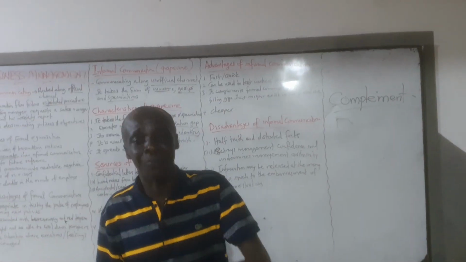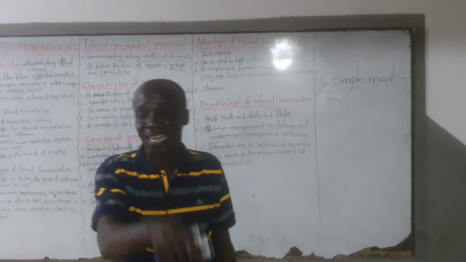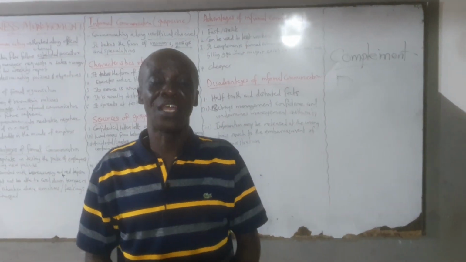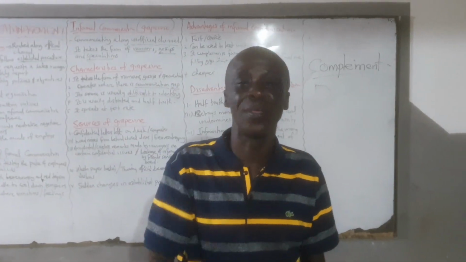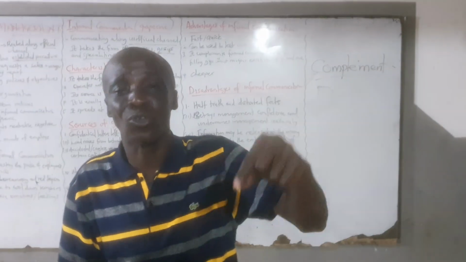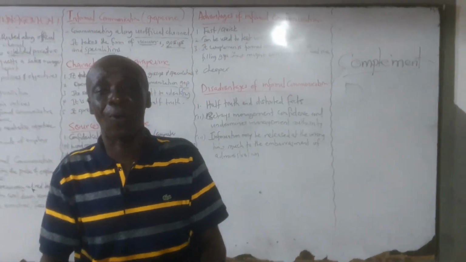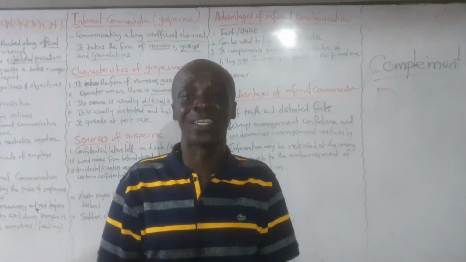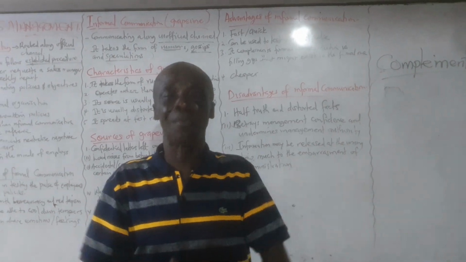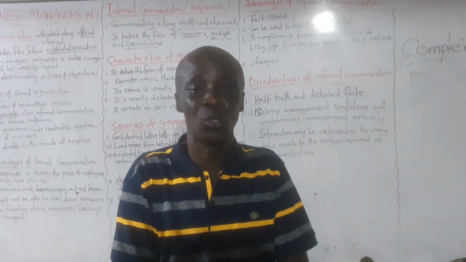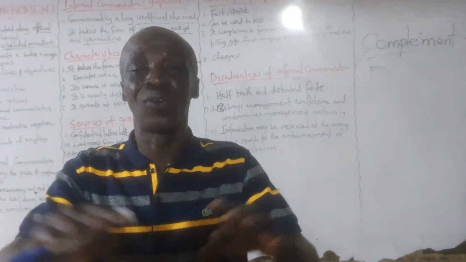There are certain times when you ask, you get. There are certain times when you ask, you don't get. Not that your parents don't have. They may have, but because of the mood they are in, you may not get. So you must know when a piece of information should go. While the official one is waiting to release the information at the right time so that it will be accepted, the unofficial information goes, and then it might not be accepted.